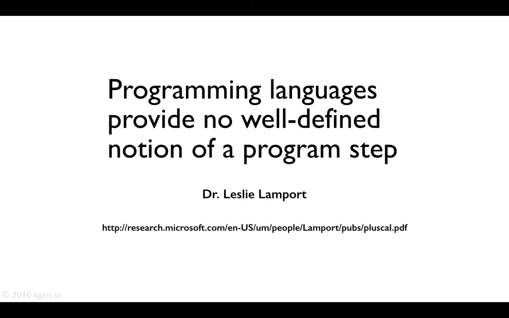Another concept that's important, that's a consequence of using the SAM pattern, is that there is a notion of step. And again, Dr. Lamport has noticed over the years that programming languages don't define a notion of step. What is a program step? Is it counter equals counter plus 1? Is that a step? And in reality, it's not.